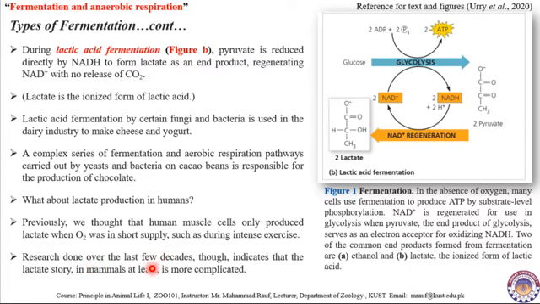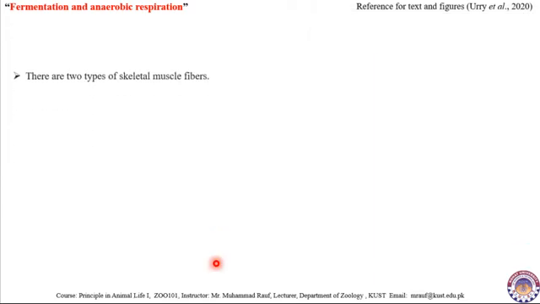Research done over the last few decades, though, indicates that the lactate story in mammals at least is more complicated. So it is not that straightforward. There are some complications to the story, some mysteries to the story.